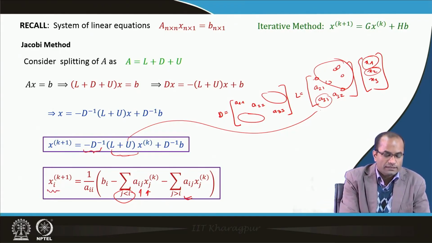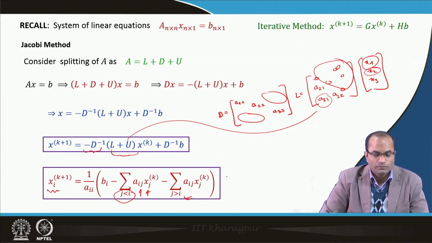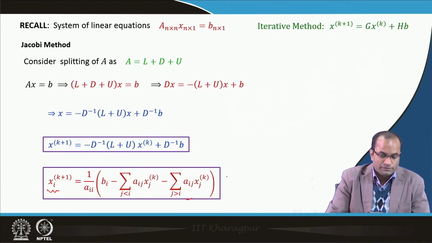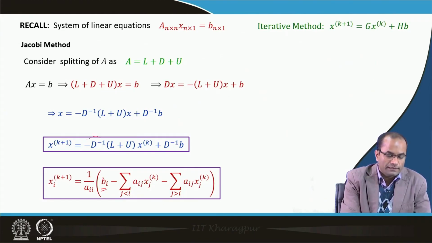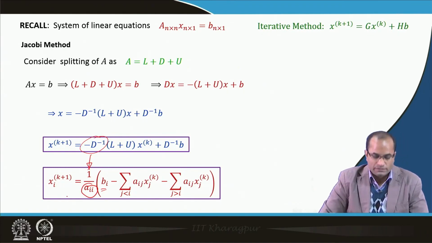So, we will get that the ith component equals this expression, which is b i, and this d i will just divide each number by the diagonal entries a i i.